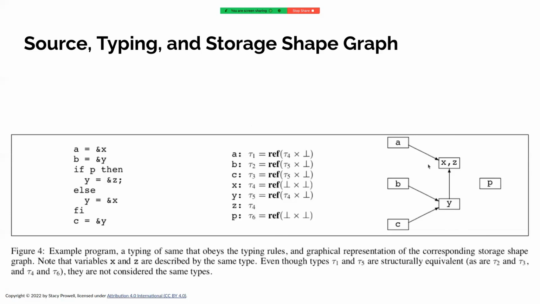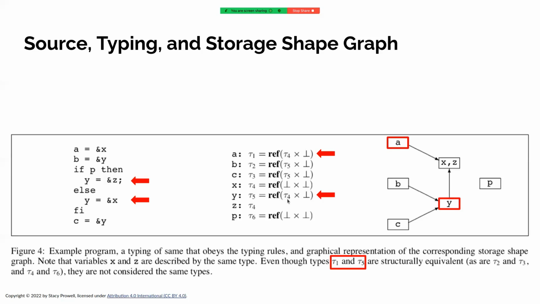That's what he means by a storage shape graph. Now, the variables X and Z are described by the same type. He points out that T1 and T5, T1 is a reference to a tau4, and T5 is a reference to a tau4.